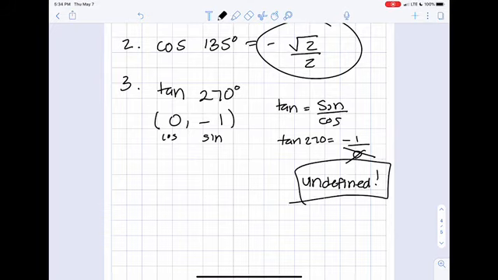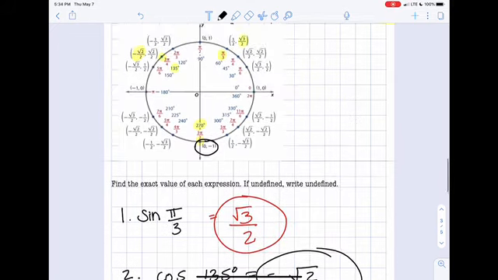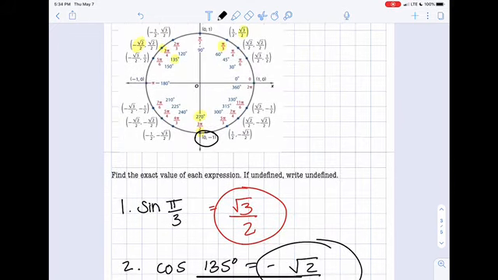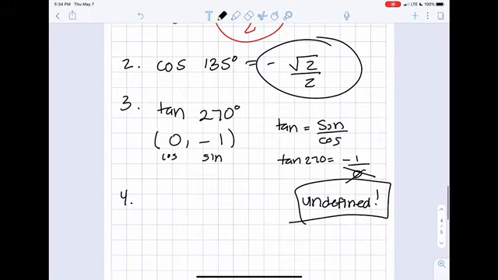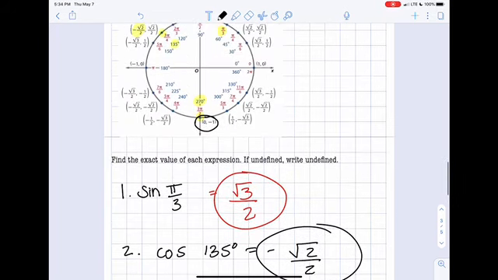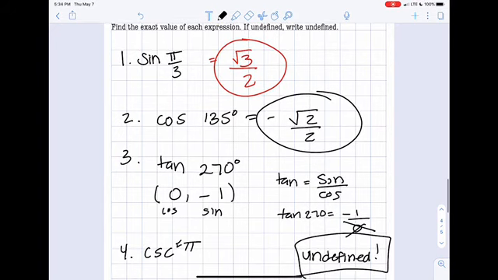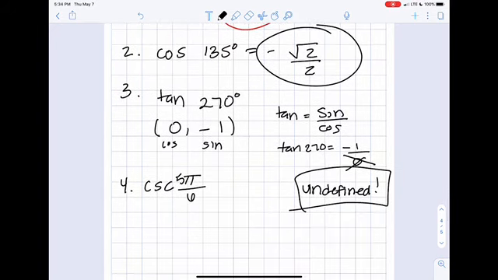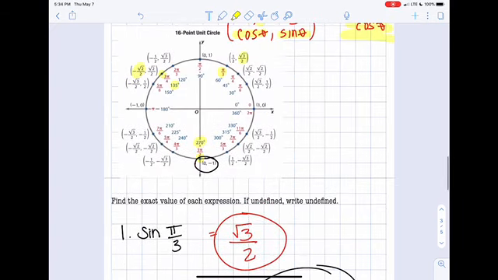Now, let's do a cosecant example. Cosecant of 5 pi over 6. Now, with this example, let's locate 5 pi over 6.